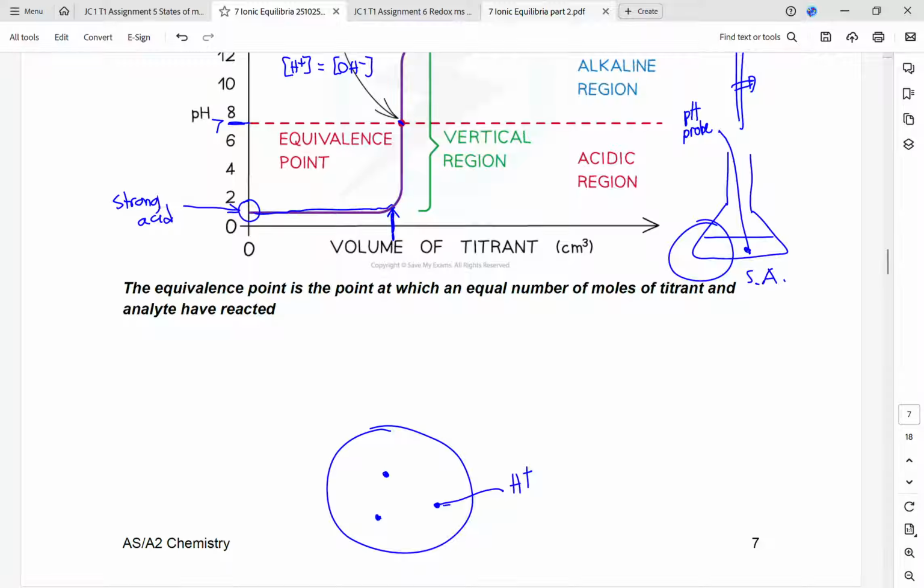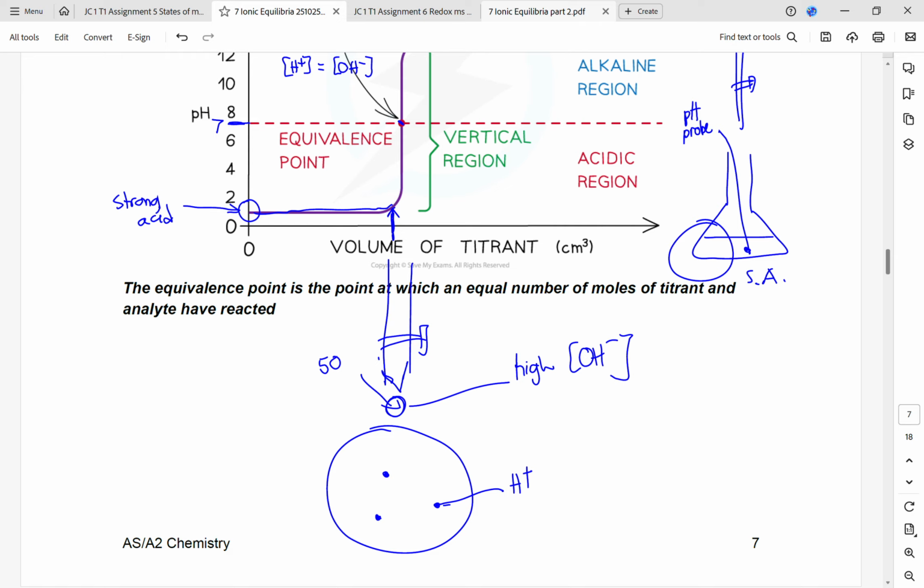Each titrant drop that is added here, now this titrant is a strong alkali, so each drop will contain a high concentration of OH minus. Let's say it contains 50 particles of OH minus.